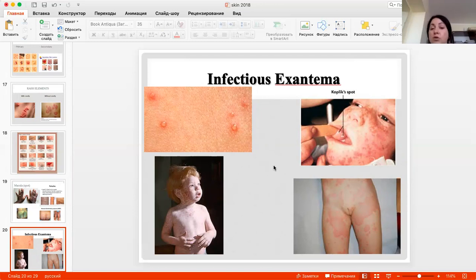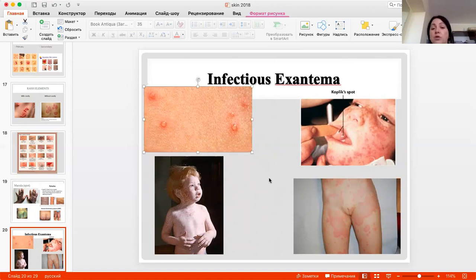Chickenpox or herpes zoster infection in children, acute herpes zoster infection, is associated with high fever during 3, 4, 5 days, sometimes even more, and appearance of a specific kind of rash, where the brightest characteristic type of rash is vesicle, like on this picture.